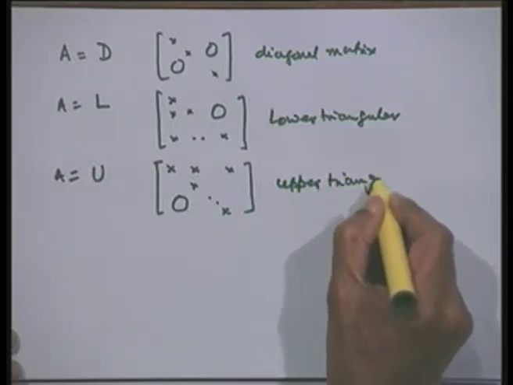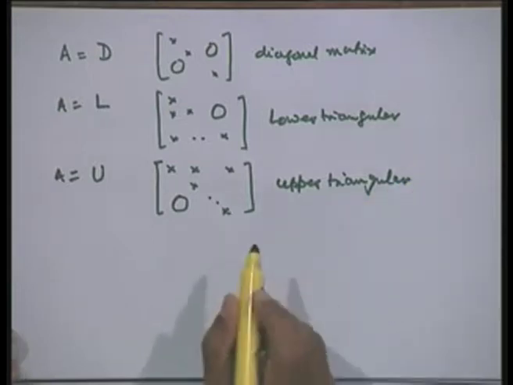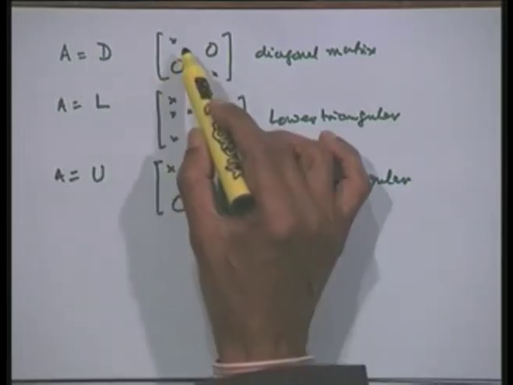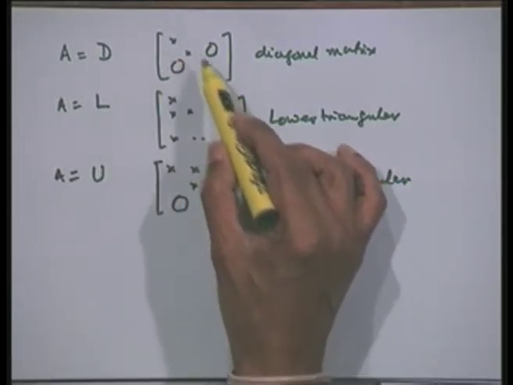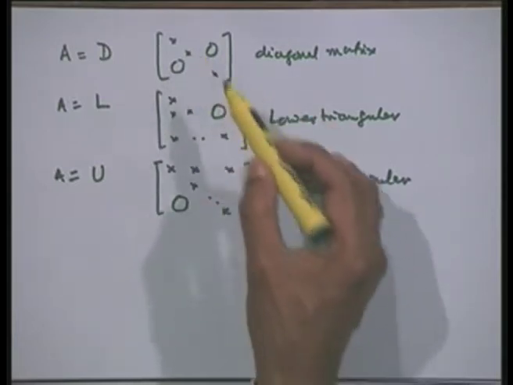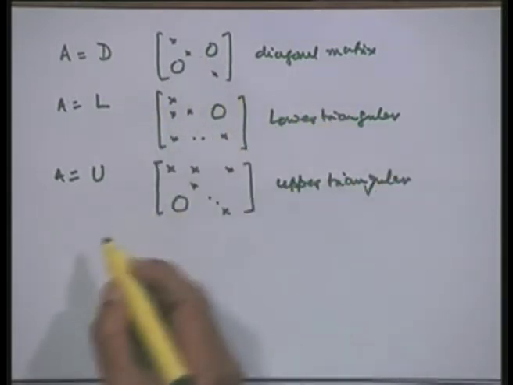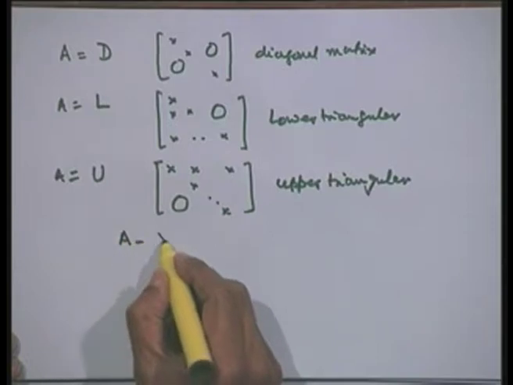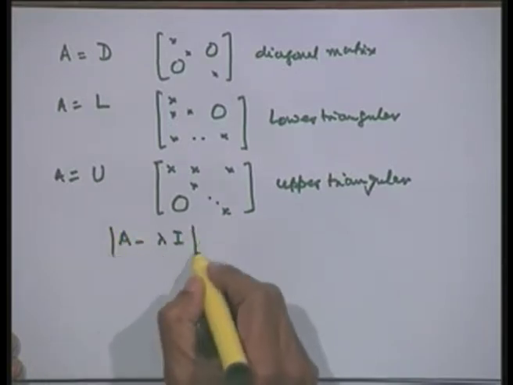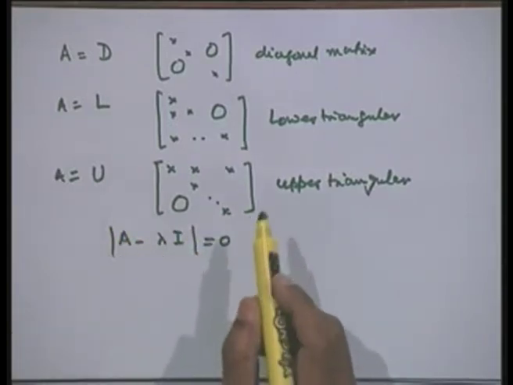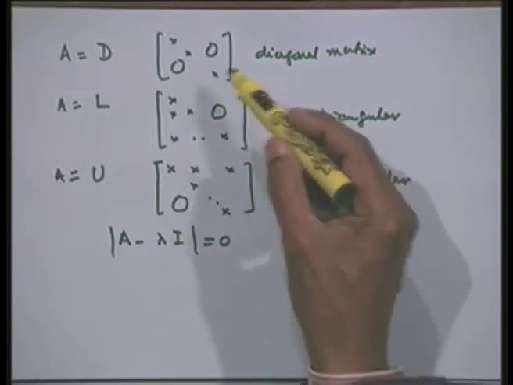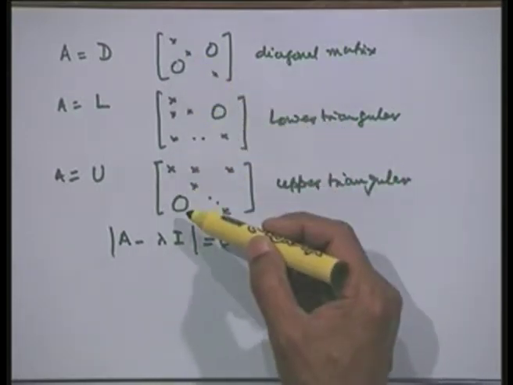In these three cases the eigenvalues are trivial, because all the eigenvalues are placed on the diagonal of the matrix. We can write the characteristic equation as determinant of A minus lambda I equal to 0, and it immediately tells us that the eigenvalues are on the diagonal in all three cases.